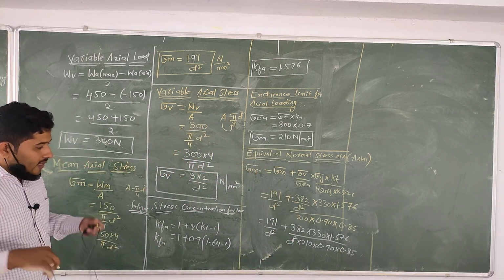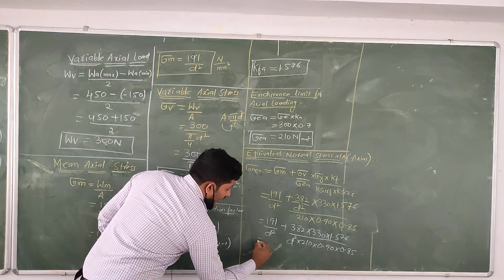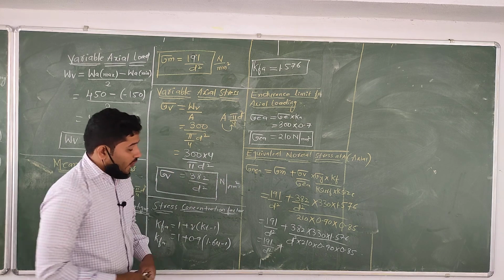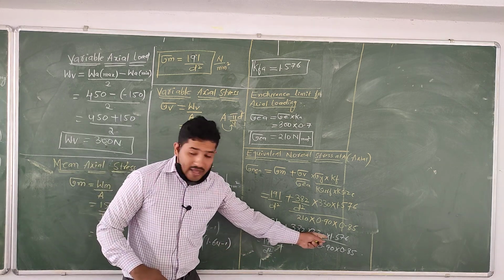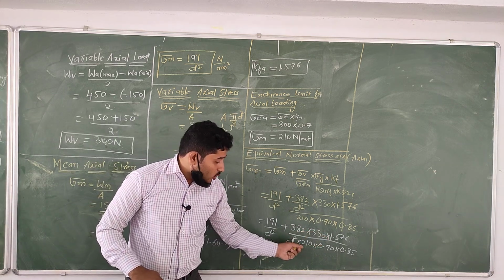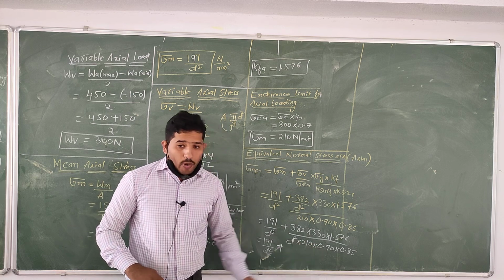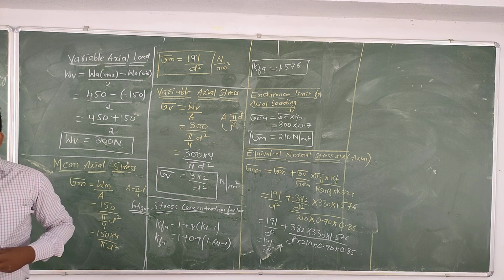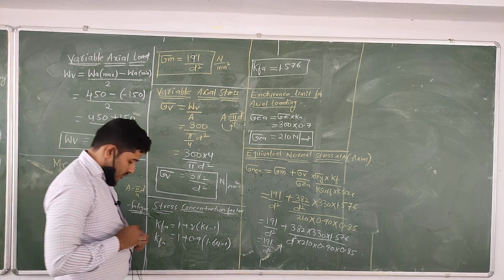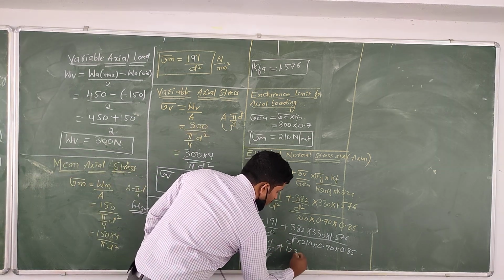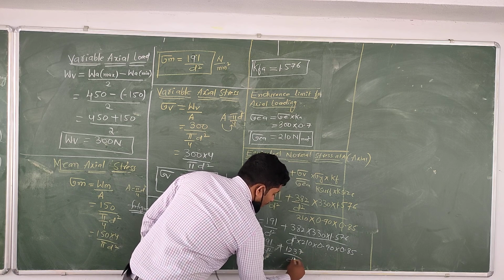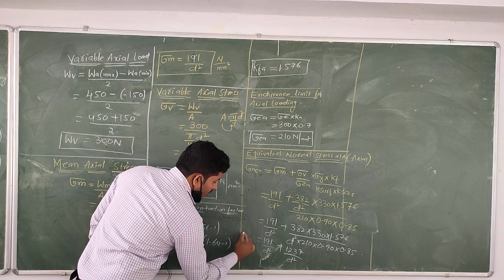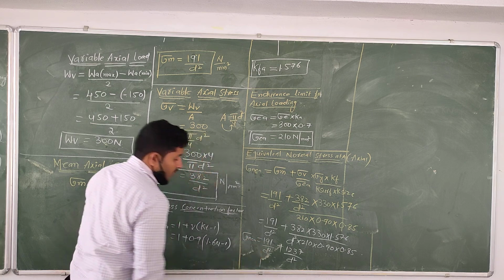So I am getting 191 by d square, keep as it is, plus 382 into 330 into 1.576 by 210 into 0.90 into 0.85, and the answer is 1237. Is it right? 1237. Am I right? 1237 by sigma NEA. Okay dear.